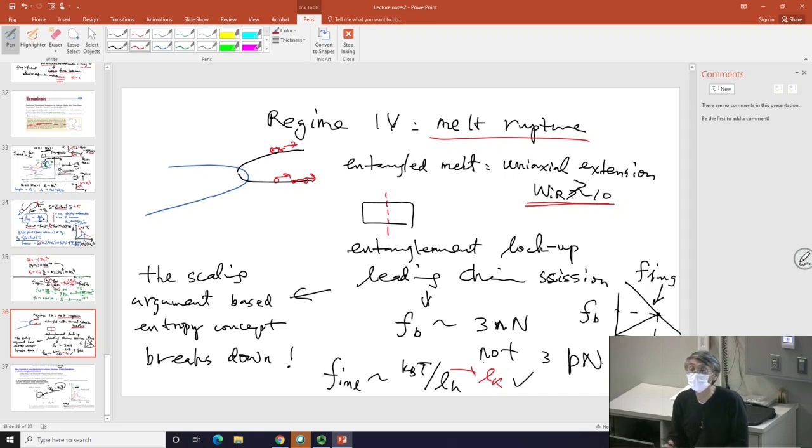Remember, this is simply beyond the scaling argument here. And the simulation was just trying to visualize how this could be maintained. But apparently it can be maintained just because there are enough of the chains that are grabbing onto this chain and hold and deform.